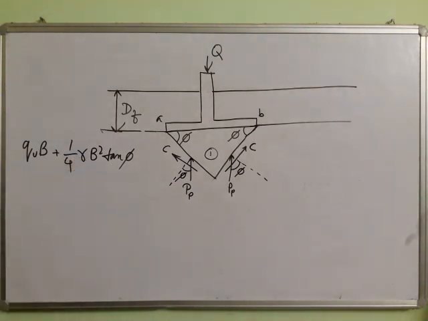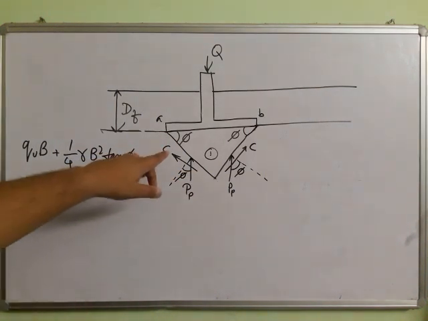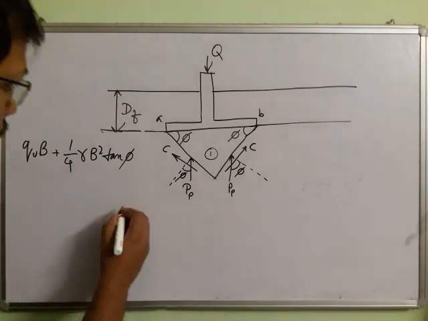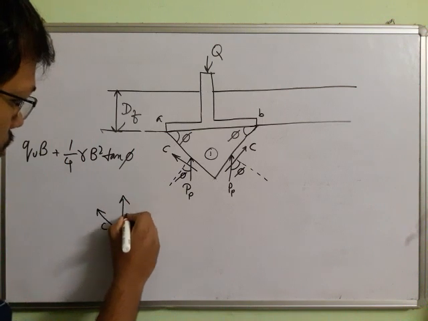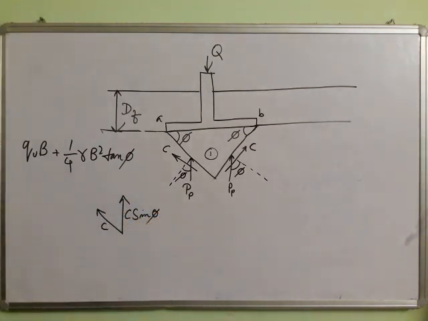So this is going vertically, and PP is also giving a vertical reaction. Now C will also have a vertical component. This cohesion will also have a vertical component. So we need to find out the vertical component of C. What will be the vertical component? This will be C sin phi.